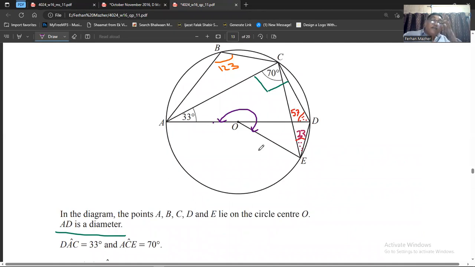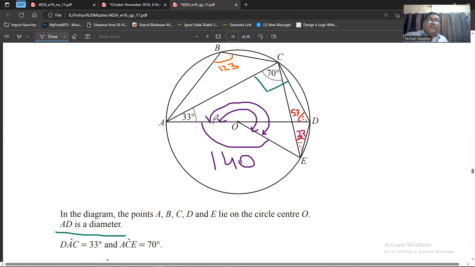If you look carefully, A and E went to the center, so this is the angle. They went to the circumference. This is the angle which is 70. The angle at the center will be 2 times the angle at the circumference. So this is 70, so this will be 140 degrees. So from 360, subtract this 140, and you will get this angle.